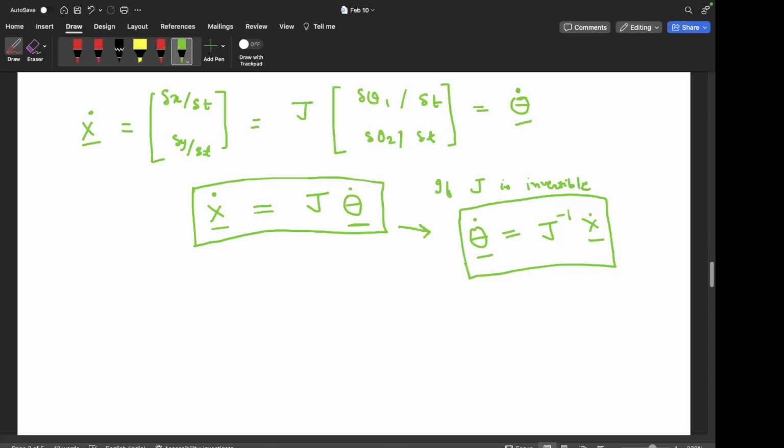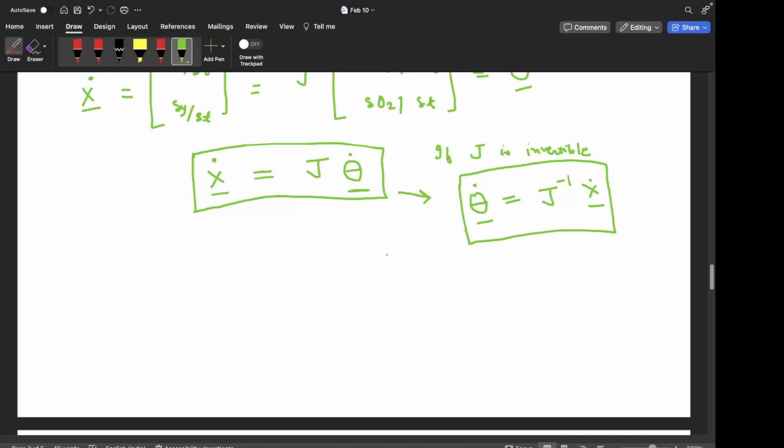So you can directly get a mapping from joint space to task space, and you can keep switching between these two by using either the Jacobian or the inverse of the Jacobian. So that's the beauty of it.